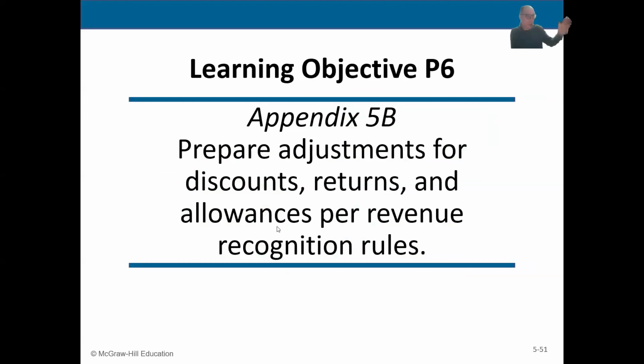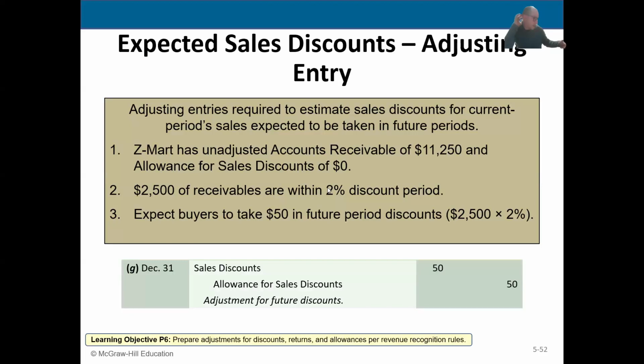Oh, and then one of the last things we'll do as well is when it comes to estimating discounts. I had mentioned that some companies estimate a certain percentage of discounts, and the way that we would do that is by using an account we call allowance for sales discounts. The allowance for sales discounts provides us with an opportunity to factor a percentage of discounts that we'll offer or we might receive, depending.